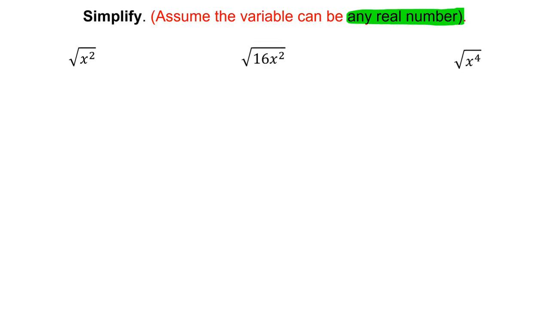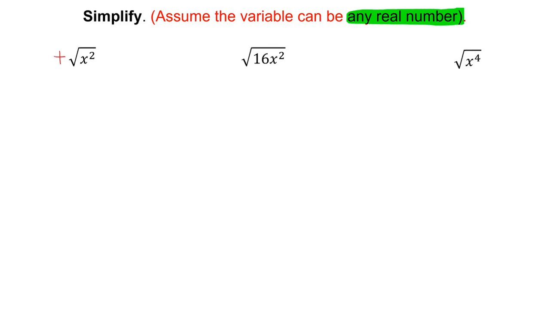We need to find the principal square root of x squared. And I just put a little plus out in the front of our radical sign just to remind us that we're looking for the principal square root. Now keep in mind that the principal square root of x squared must be a positive value. If it's not, it is not the principal square root.